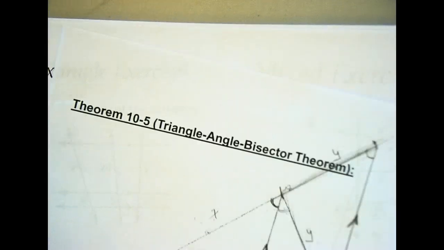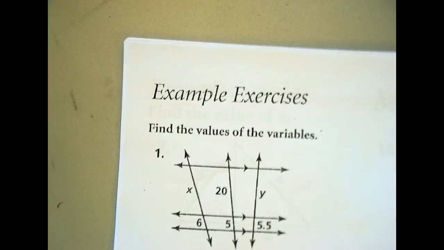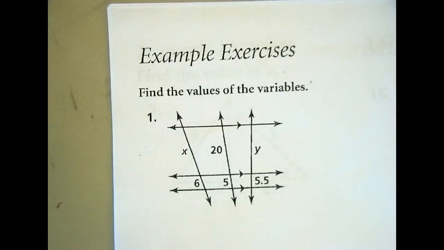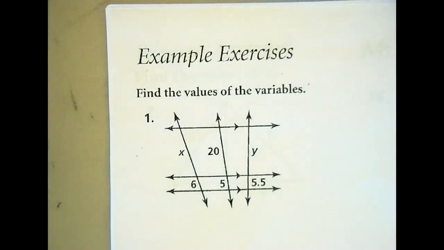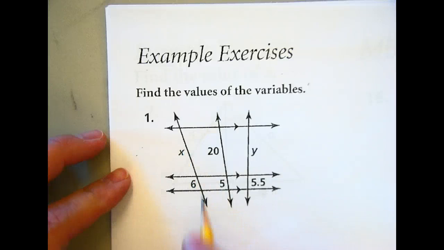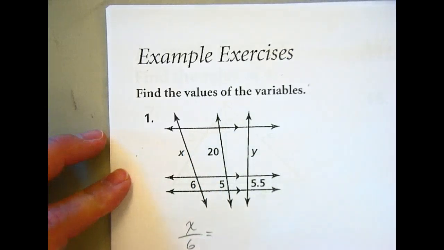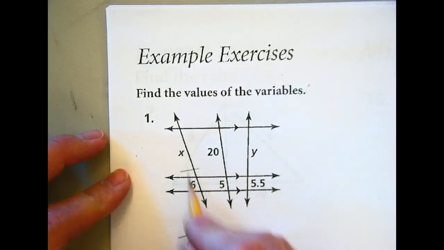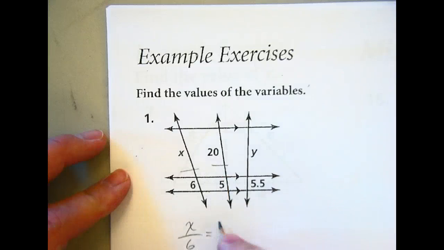Okay? So let's try some of these. Let's look at number 1. Everyone give number 1 a go. X over 6 is equal to what? So it's this over this equals that over that. 20 over 5.